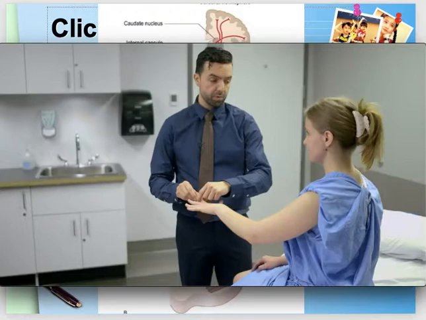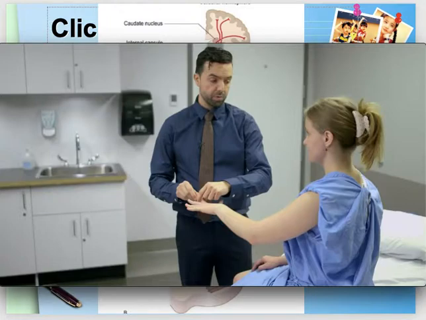Now, proprioception has an interesting history as well. There was a man named Sir Charles Bell in 1826. He recognized that people have a sixth sense, which he named proprioception.